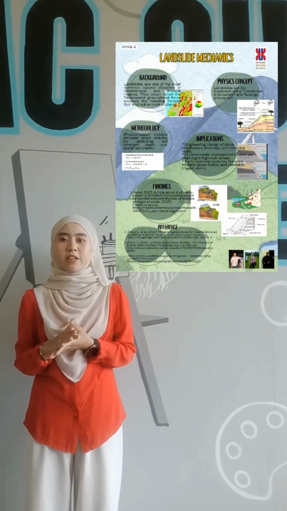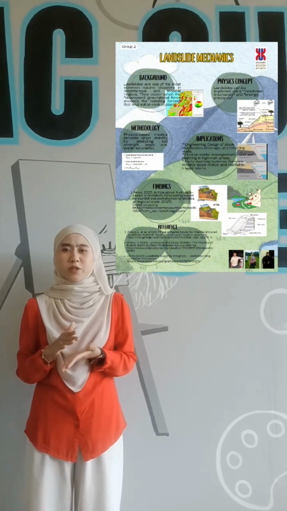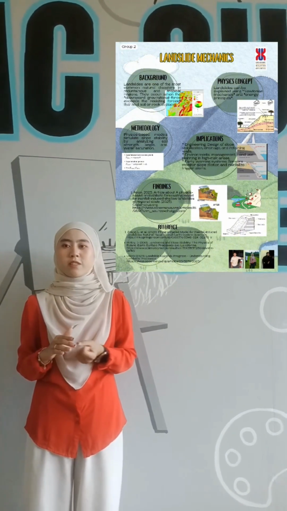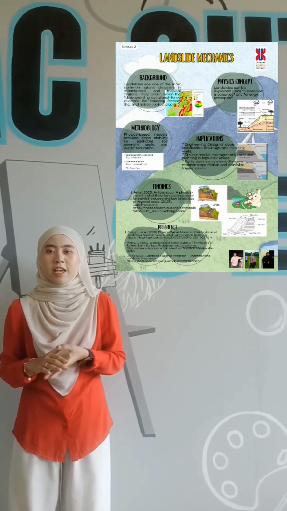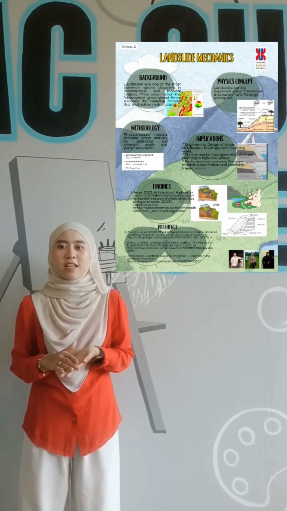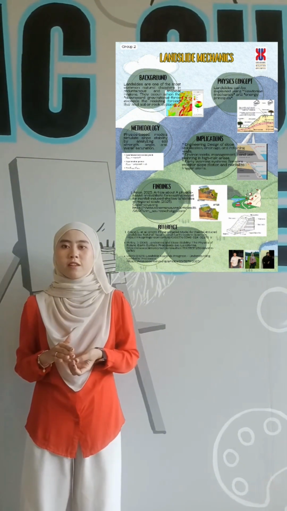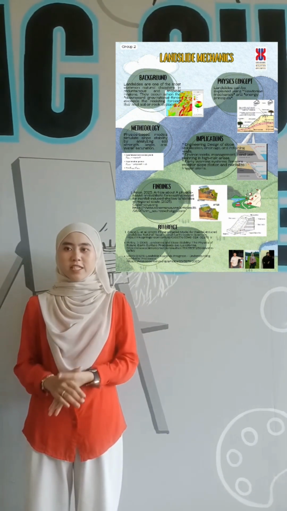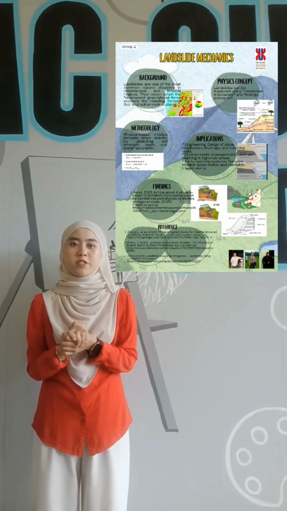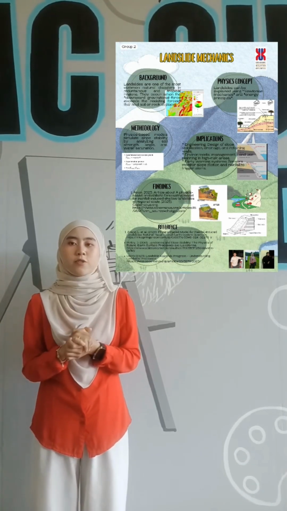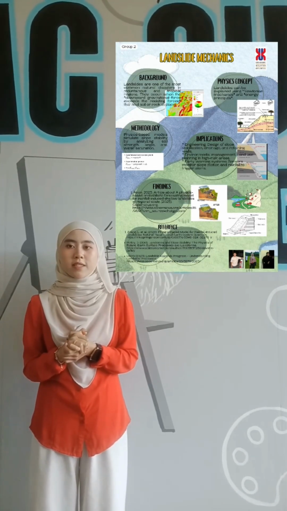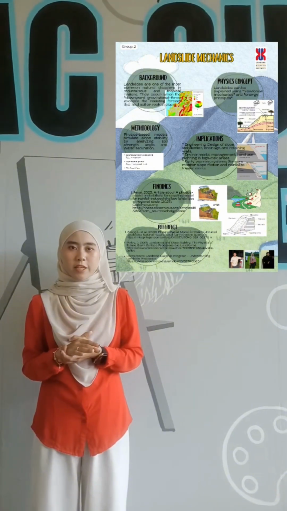First, heavy rainfall, the main trigger in Malaysia, increases water infiltration into the soil. Second, human activities such as slope cutting, construction, and deforestation weaken the slope structure. Last, natural processes, including weathering or earthquakes, reduce soil stability.